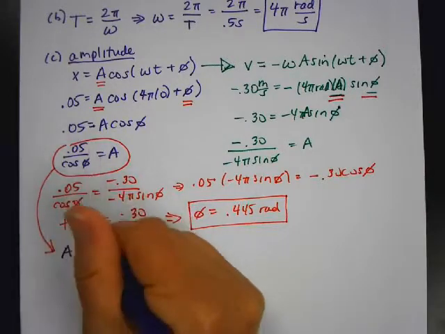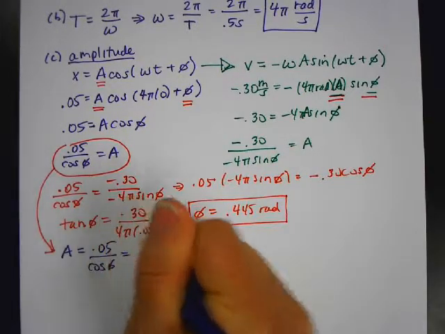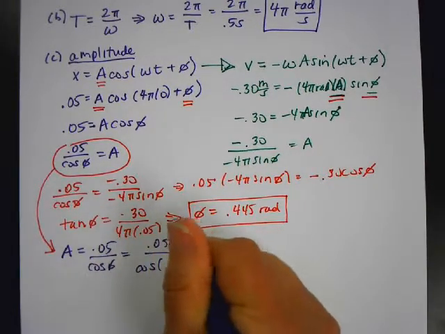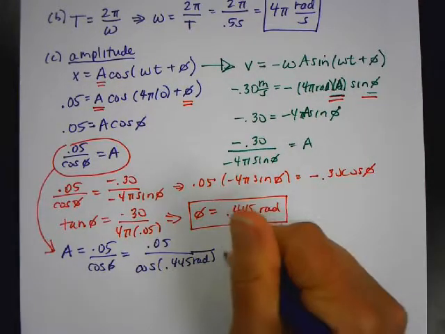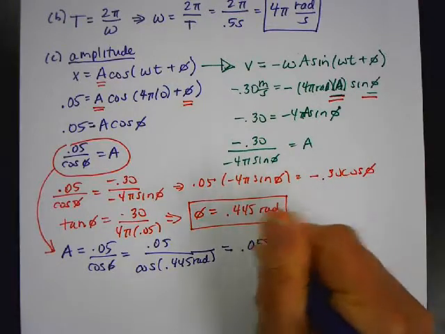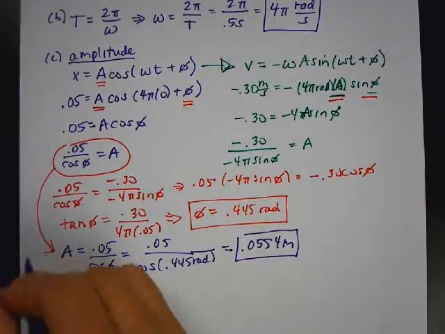So the amplitude is 0.05 over cosine of this. So it's 0.05 over the cosine of 0.445 radians. And that comes out to be 0.0554 meters.